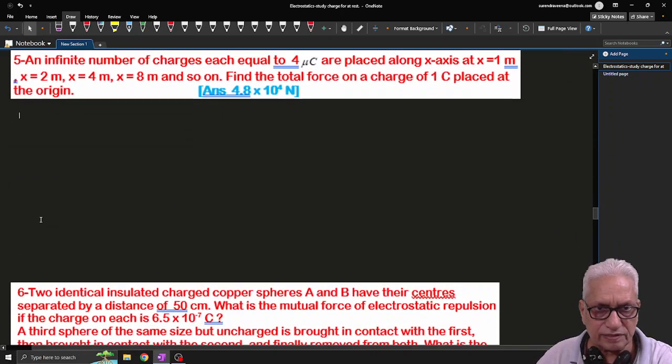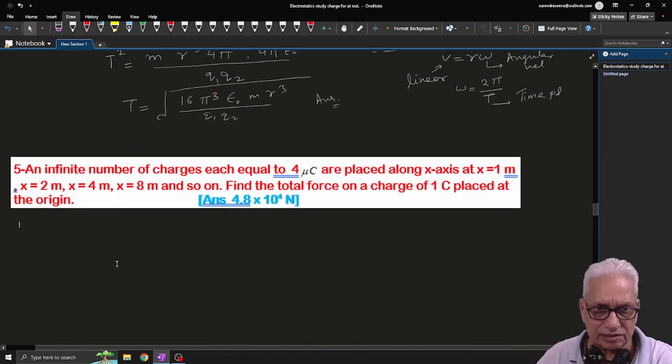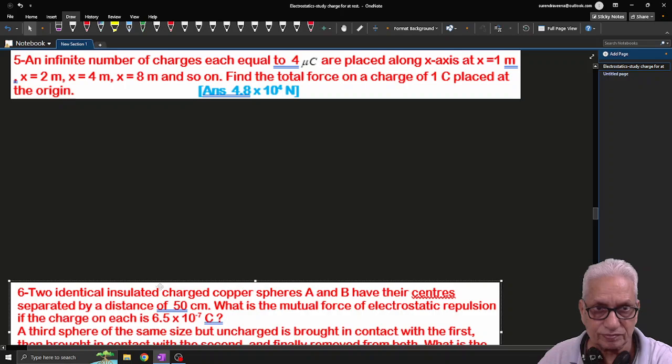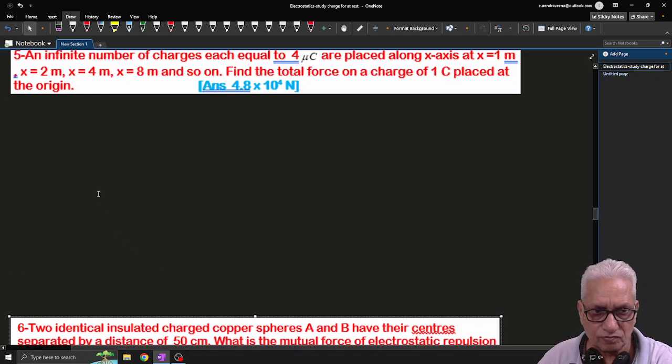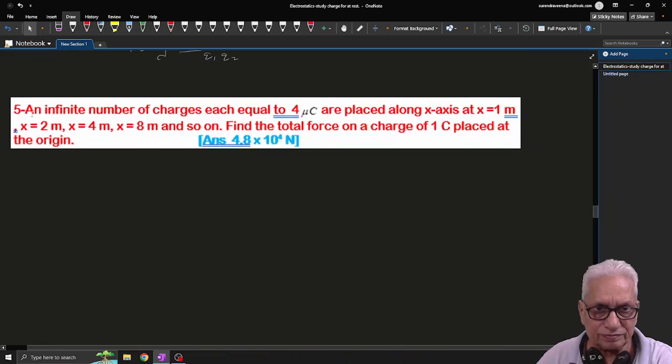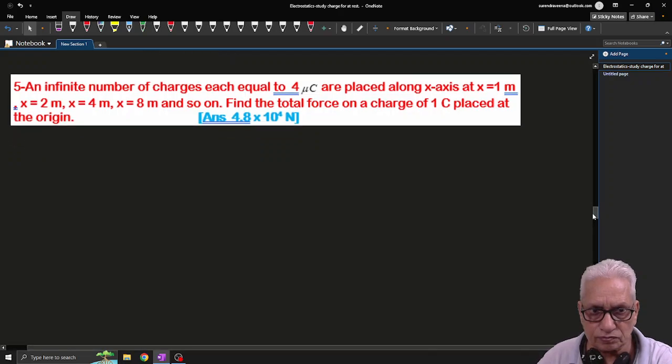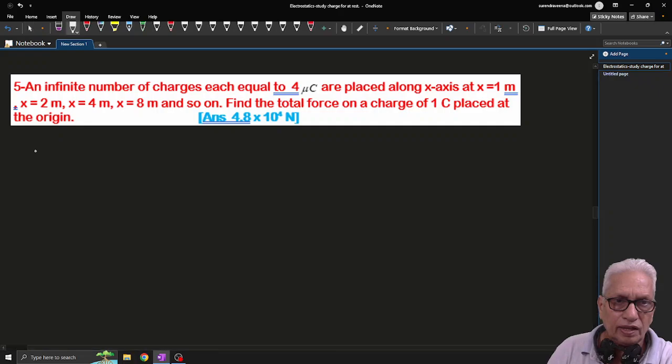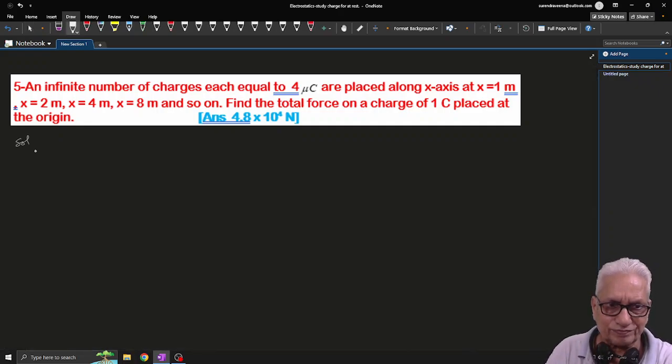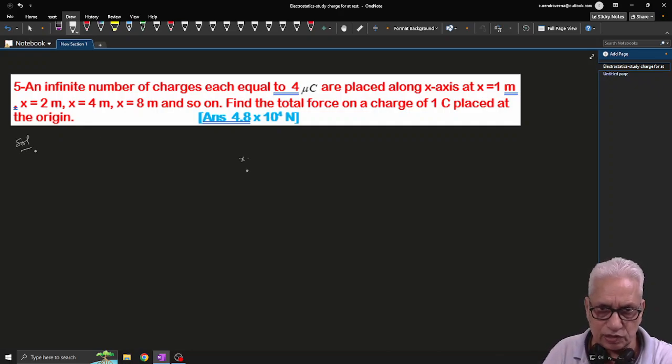Next question is also very good, but it's a very simple question. Like, in this question, at the origin x equal to 0, this is the charge placed here, q0. Where is q0 charge placed? At the origin. This is 1 coulomb.